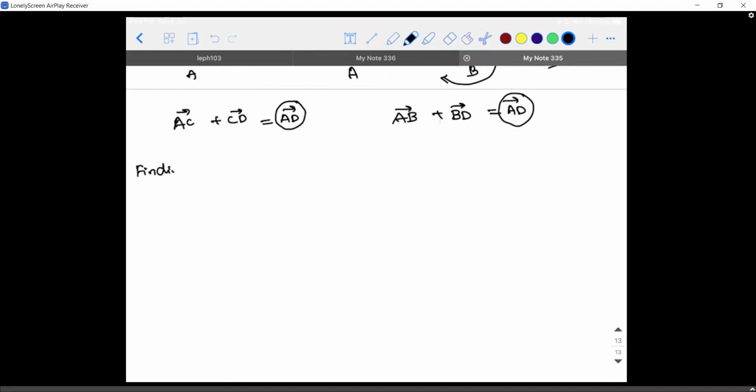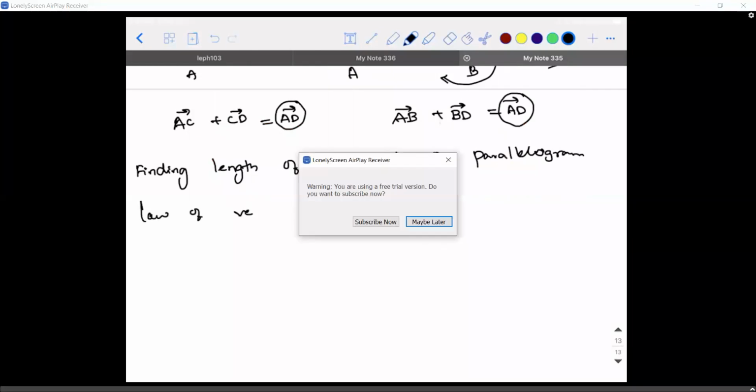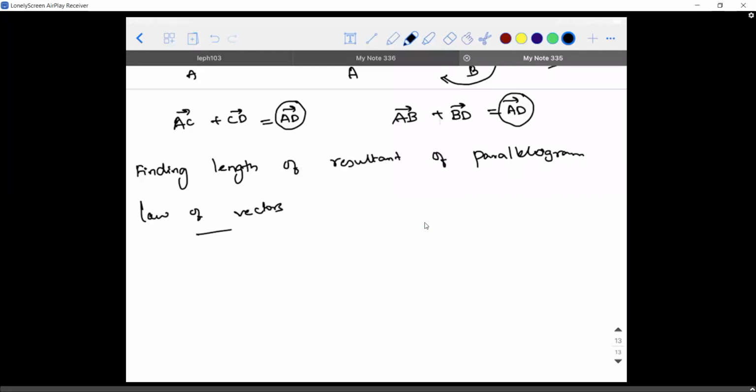Finding the length of the resultant of parallelogram vectors. Indirectly, I can say triangle of vectors also. How to apply it, I'll teach you slowly.